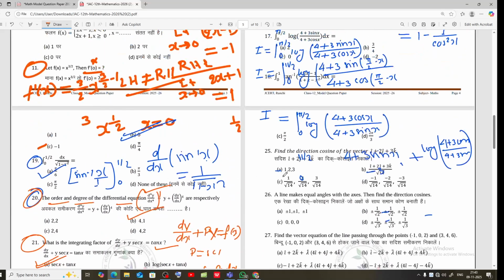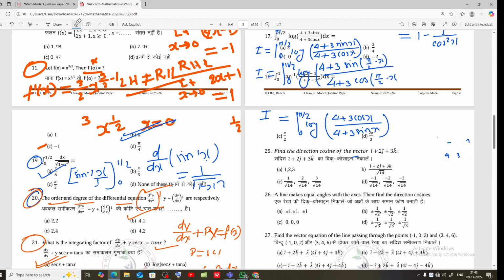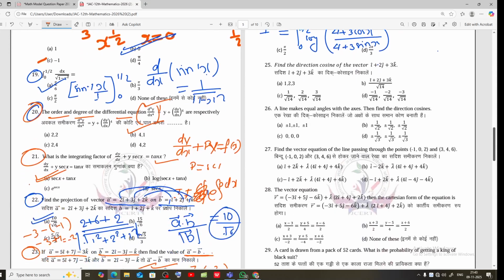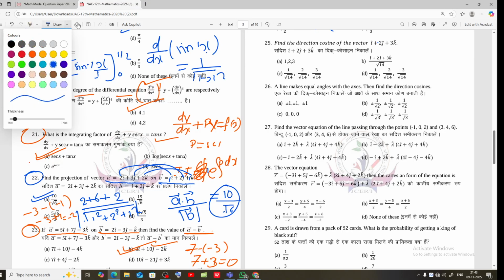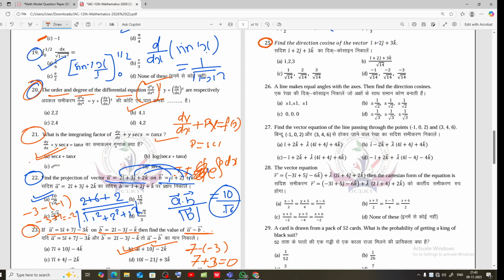Now question number 25. Direction cosine of the vector. Direction cosine means along the x-axis, y-axis and z-axis.